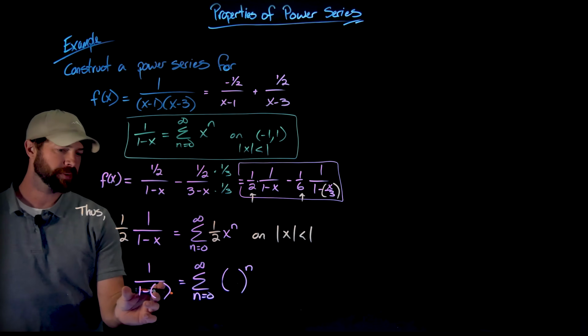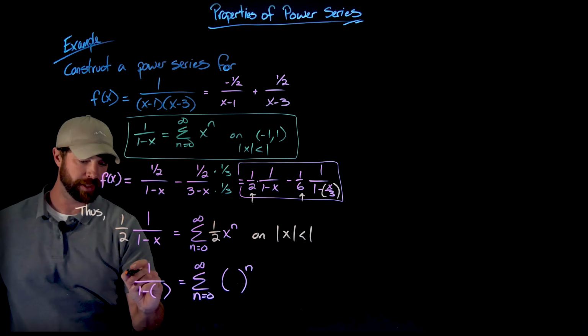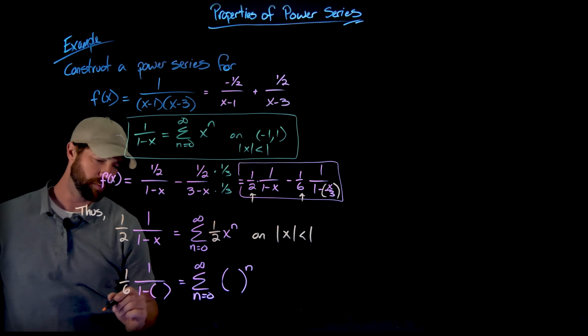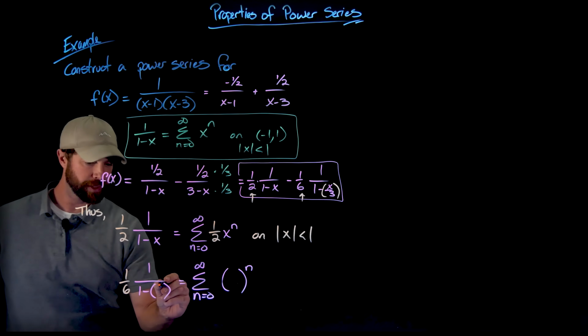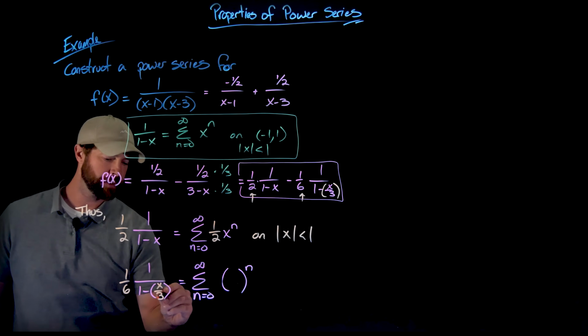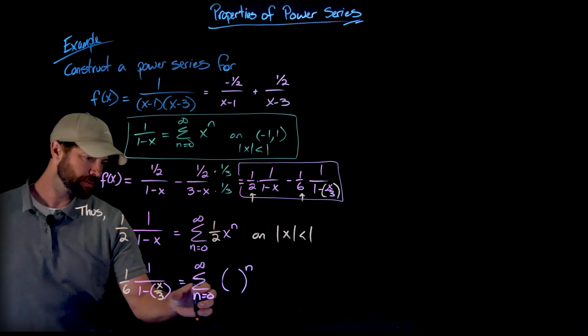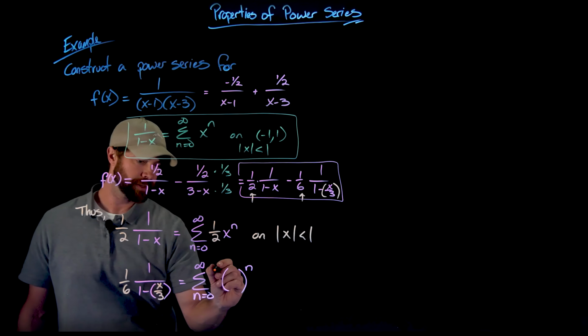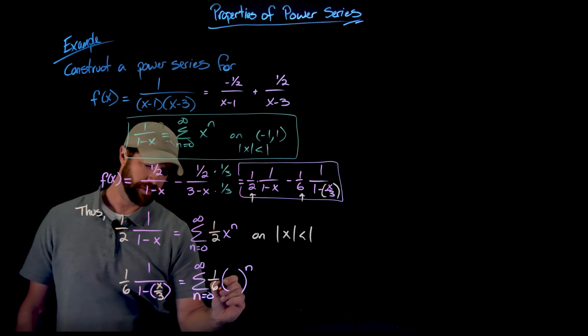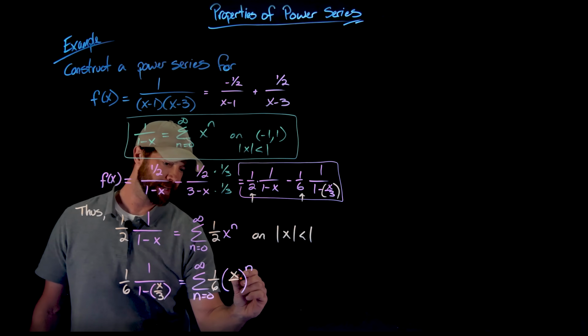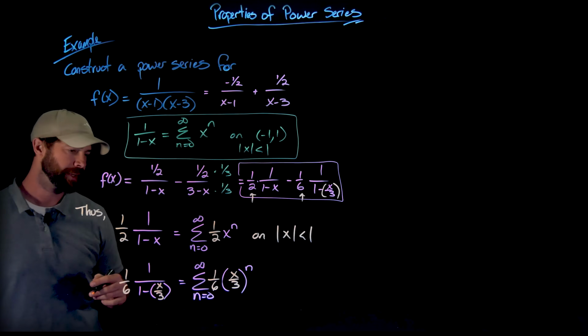In the second case right here, if I multiply this out front by the 1/6, and then compose it with this x over 3 right here, then this will converge to this power series where I have this coefficient of 1/6 and I have this x over 3 to the n on the inside.